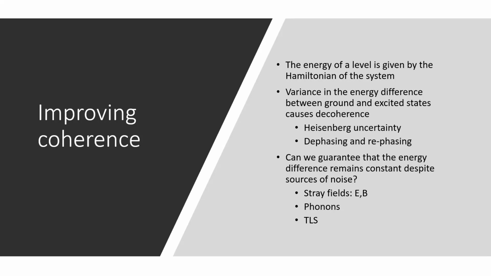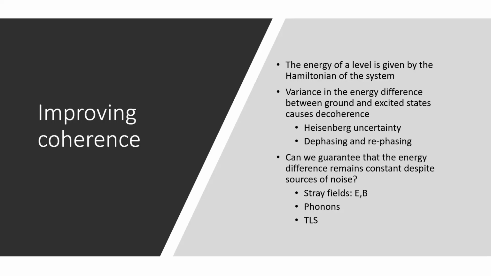So one thing we're going to keep an eye out for is variance in transition energy between whatever defines your ground and excited states, between either a pair of spin levels or optical levels or other levels that are present within your device that you're trying to create, and making sure that those levels don't change frequency with respect to one another over time.